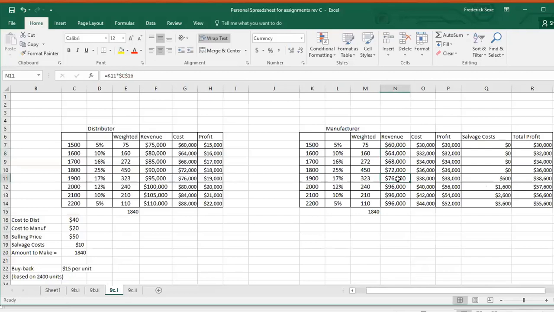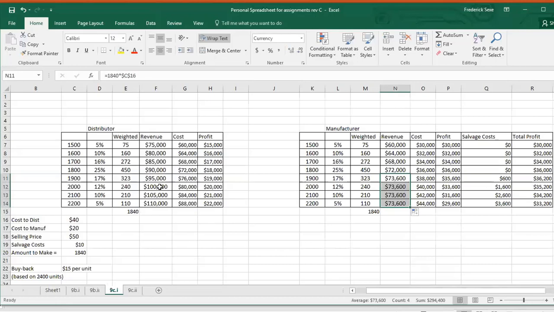If you go all the way down, once again, what we'll do is 1840. Once again, I'd prefer to use an if-then-else statement, because if you use the spreadsheet for something else and change all these numbers, 1840 would not be the right answer.